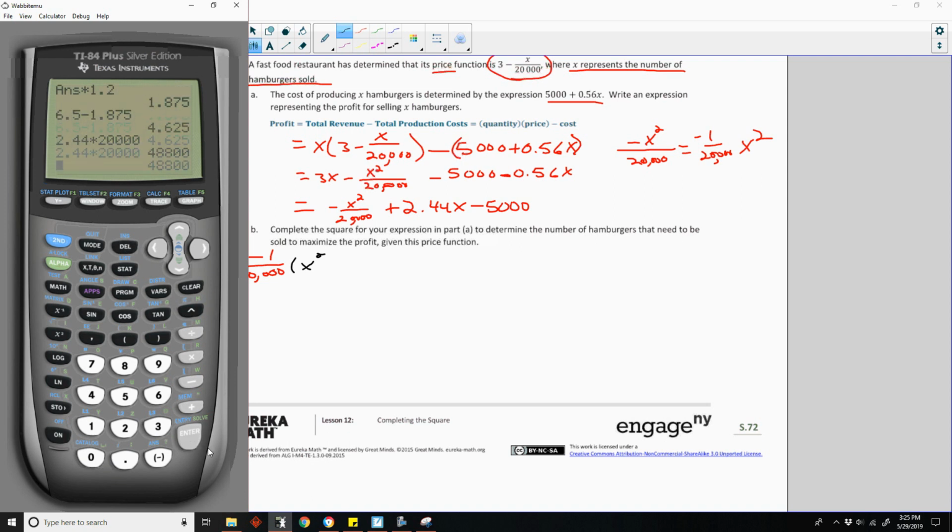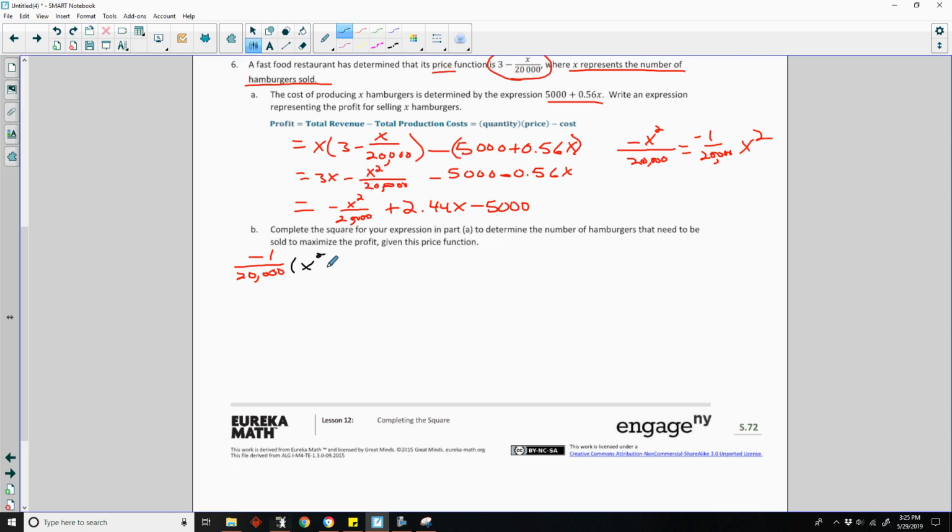And that's 48,800. So that's going to be minus 48,800x. Now let me explain that again. I factored out a negative 1/20,000. Negative 1/20,000 times negative 48,800 is 2.44. Negative times a negative is positive, and 48,800 divided by 20,000 is 2.44. Okay? Leave our space and put our minus 5,000 outside.